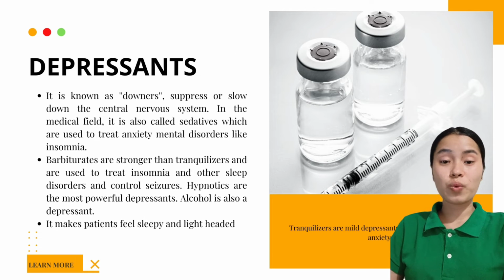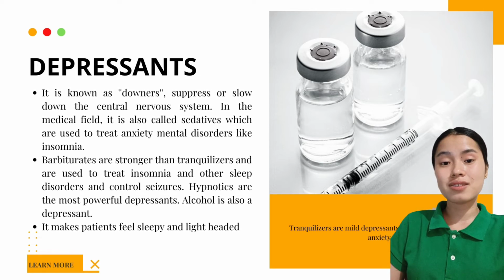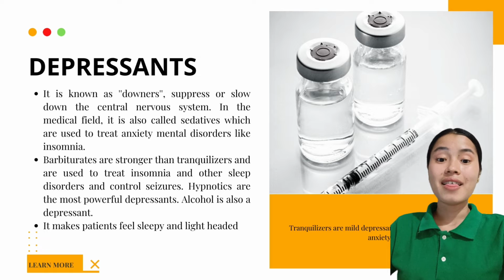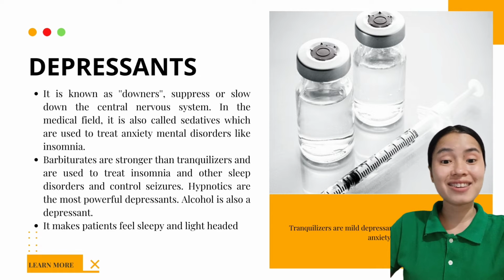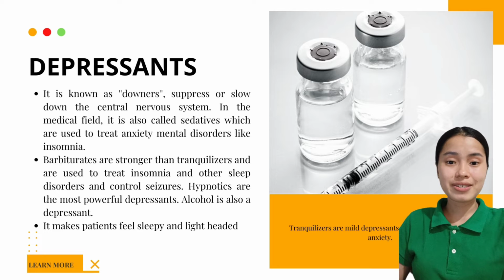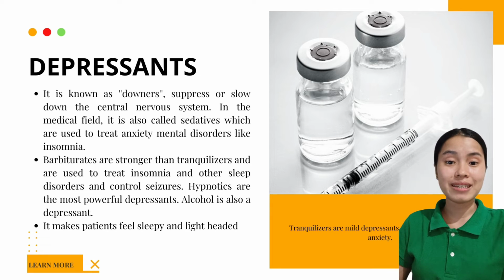Depressants, or a linked word, depress, slow down a person's central nervous system, which includes the brain, spinal cord, and the nerves. That is why it is referred to as downers. Downers, you heard it correctly. It also includes the tranquilizers, barbiturates, hypnotics, and even alcohol, which leaves the patients lightheaded and sleepy.